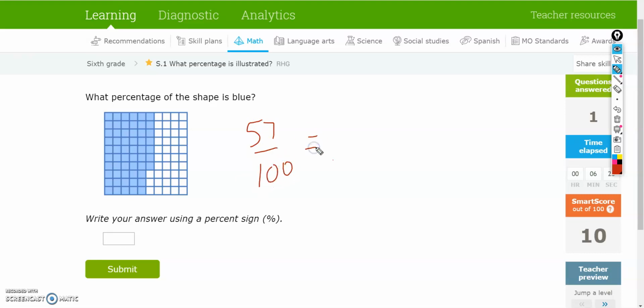I'm just showing you so you understand how it relates to percentages and decimals and fractions. So what I'm actually doing here with the decimal, I am moving it 2 places to the right, and I get my percent, 57%. So 2 places to the right changes it to a percent.